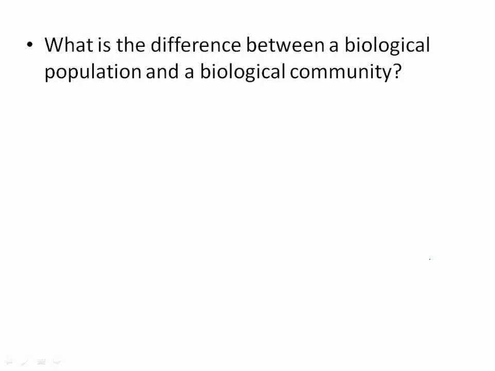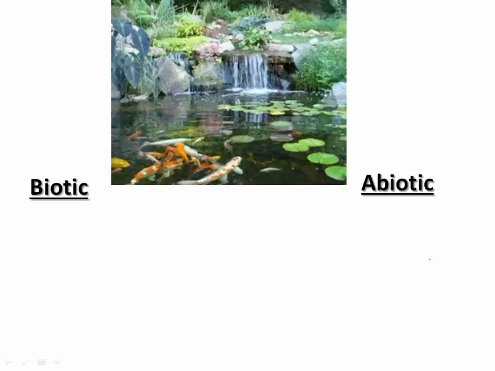The reason why we use biological is because population can be used in many different contexts. All right. If you need more time, stop your video, and I think you guys are probably good at this.